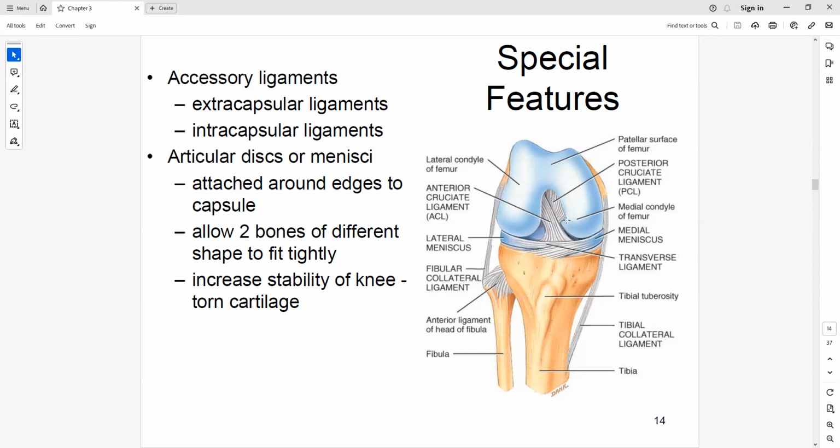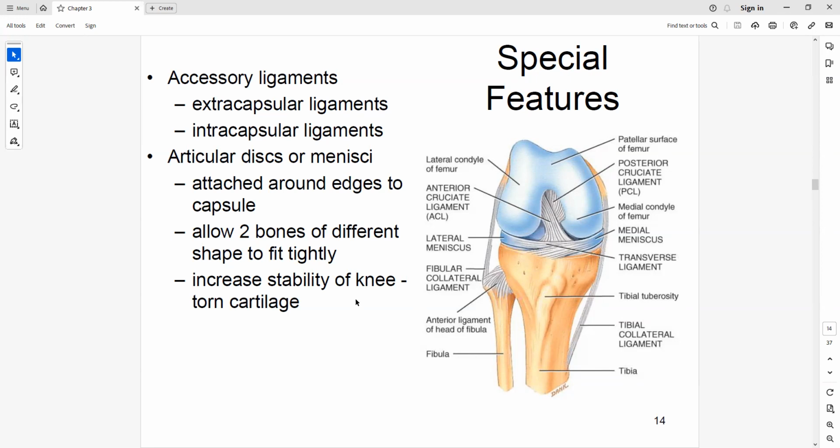And then to boot, and this is not the only joint that has this, but there are intracapsular ligaments as well. If you heard about ACL, PCL injury, ACL and PCL stand for anterior cruciate ligament and posterior cruciate ligament. You see their location here. So these ligaments are anchoring, again, the two bones together, the femur to the tibia, again providing a greater stability for this joint.